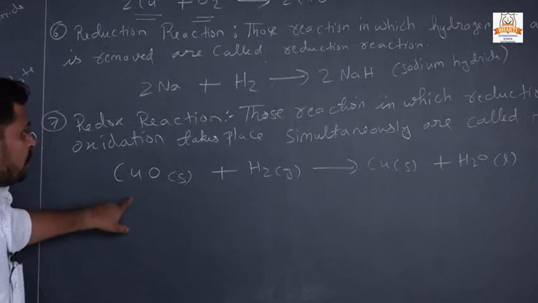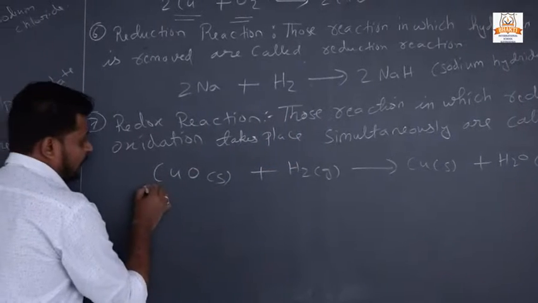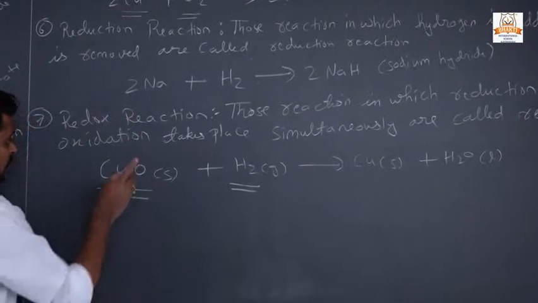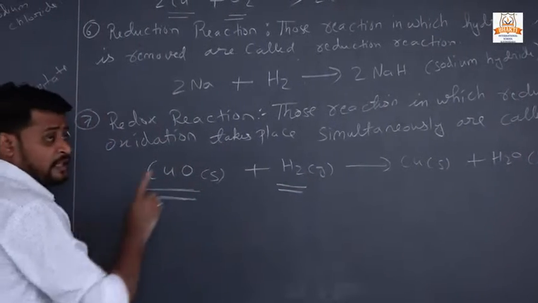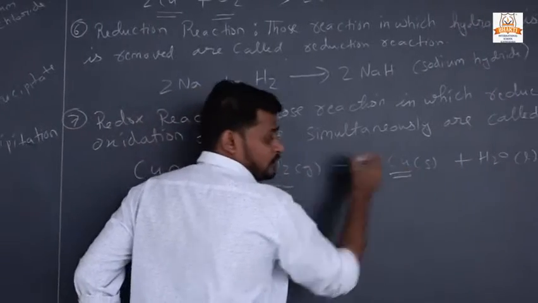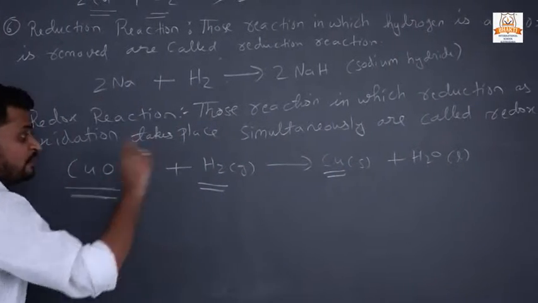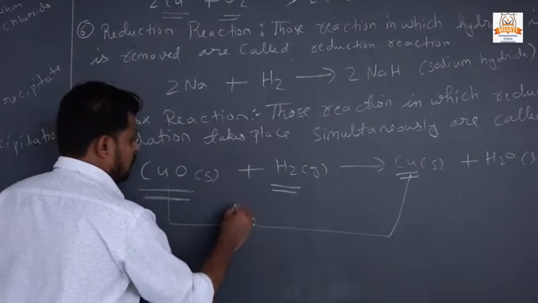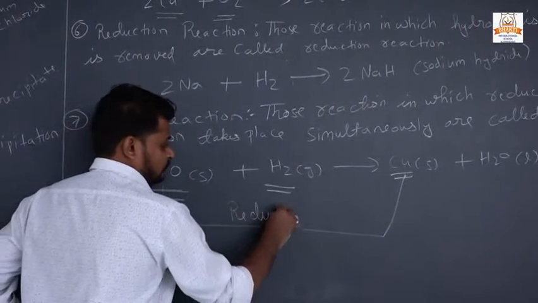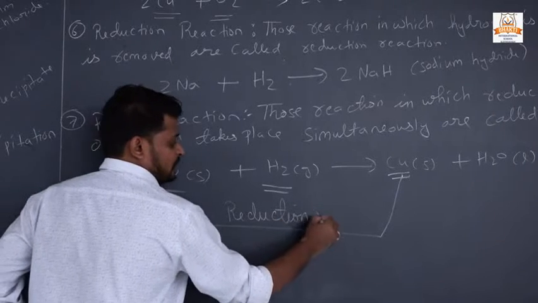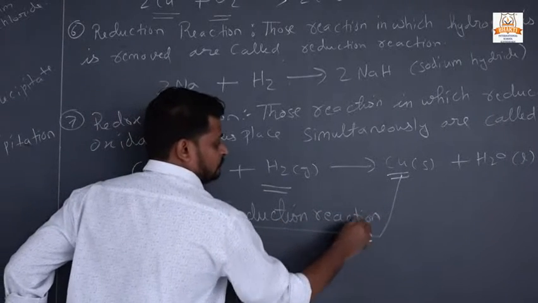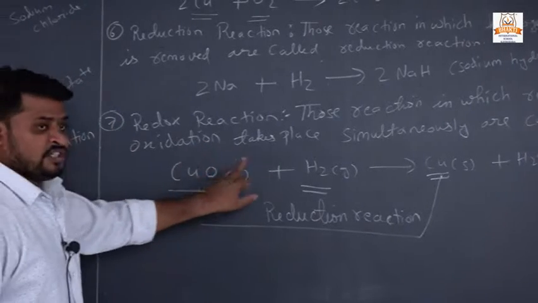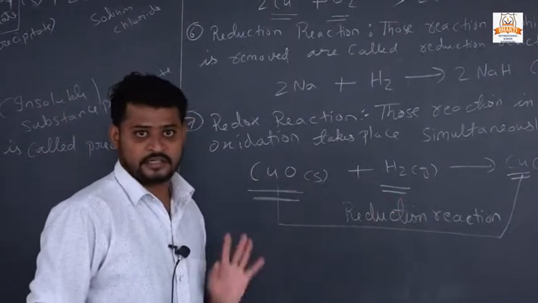See an example. Here copper oxide reacts with hydrogen. What happens? In the product you see only copper, meaning oxygen is removed. When oxygen is removed, it is called a reduction reaction.